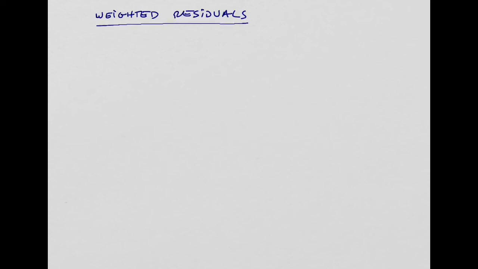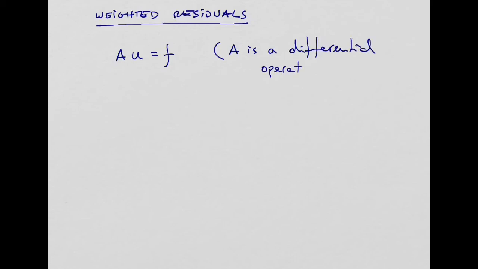So if I give you a differential equation like this, AU equal to F, where this A is a differential operator, it can be a first derivative of u or a second derivative of u or whatever, right? It's a differential operator, okay?